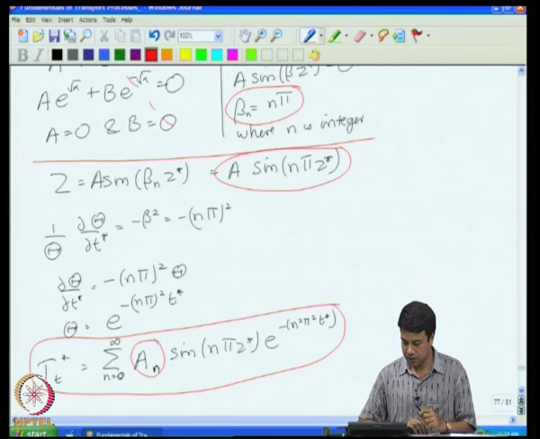However, the higher order terms in this series decay as e power minus n square as n becomes large.